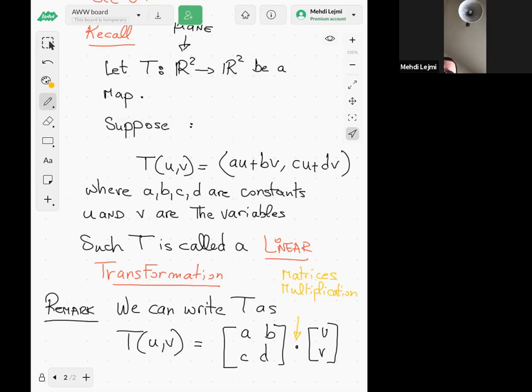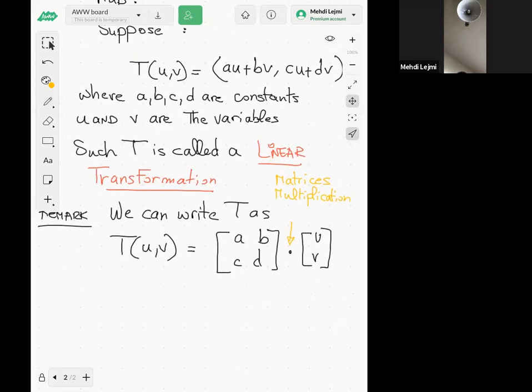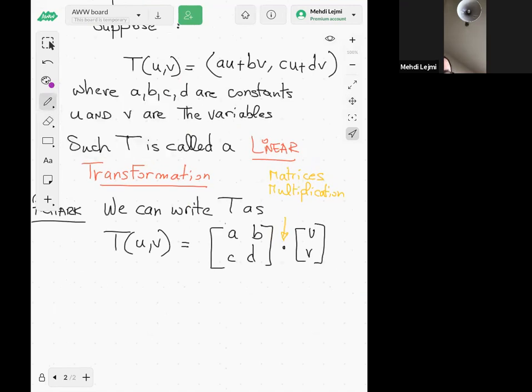I'm not sure if you guys took linear algebra before, but there's a very special formula for multiplication between matrices. In this case, you would take the first row times the first column, and you multiply the A by U plus the B by V. That will be your first component.